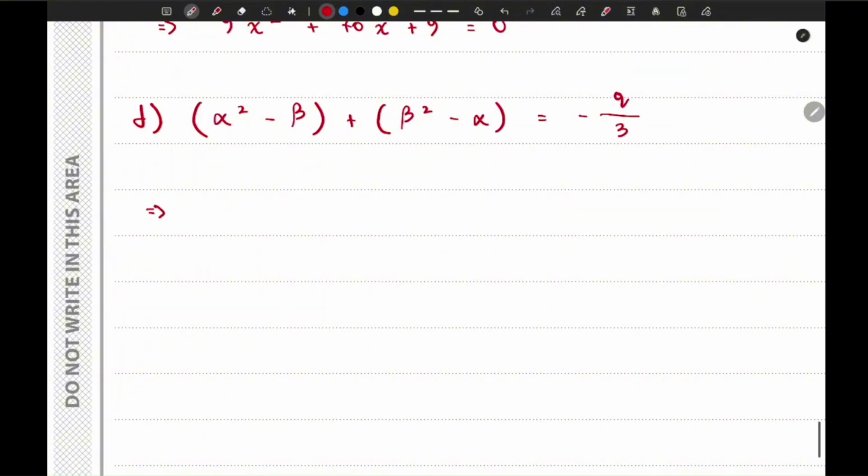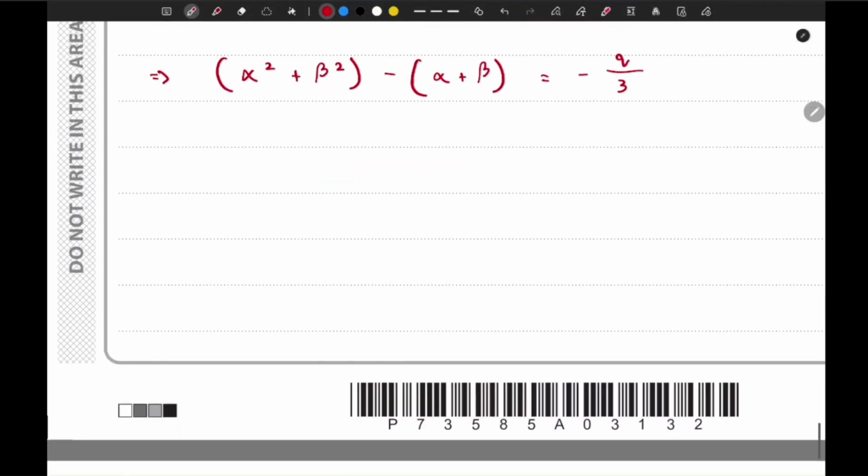Now if I rearrange this equation, this will be alpha squared plus beta squared, and if I take minus as common from both of these terms, this will be alpha plus beta is equal to negative q by 3. And we know that we can write alpha squared plus beta squared as alpha plus beta whole squared minus 2 alpha beta.